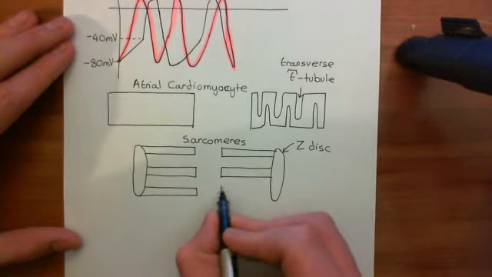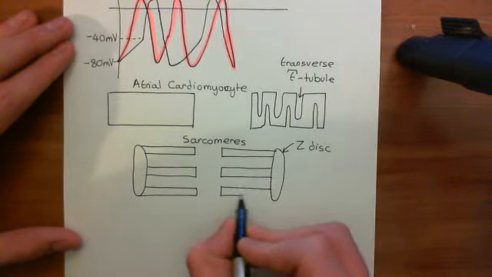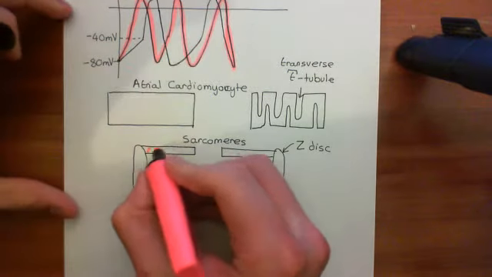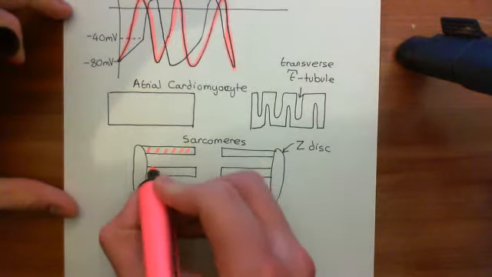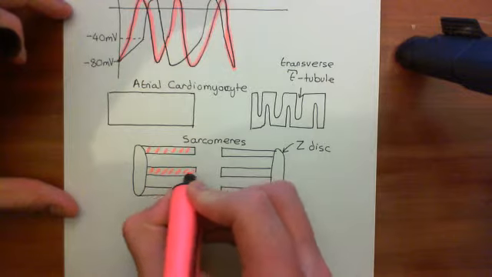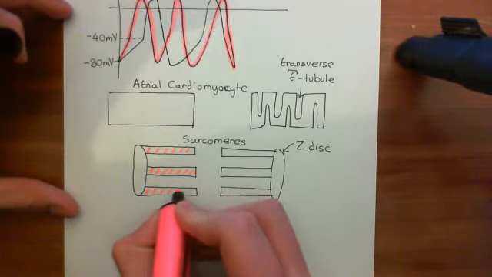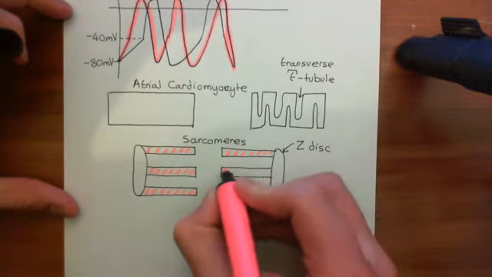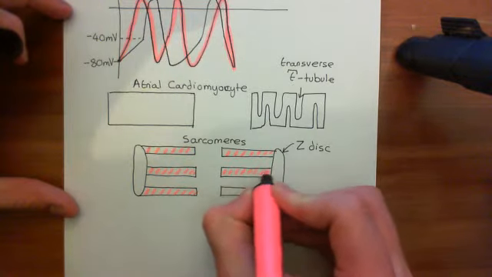So these are all actin filaments. Let me just colour them all in. We'll have these actin filaments in red here. Then suspended between the actin filaments, you then have myosin filaments. I'll show these in a moment once I've finished colouring in my actin filaments.